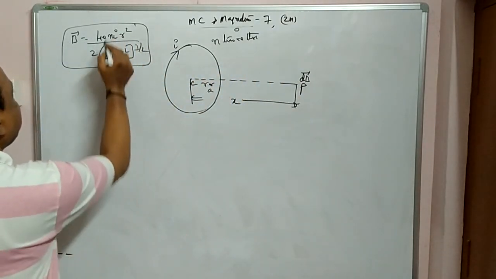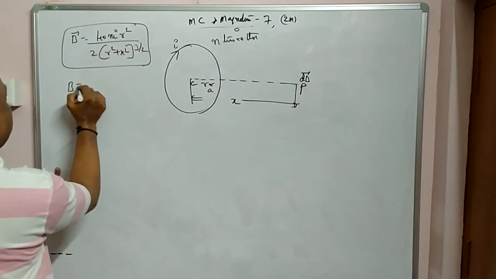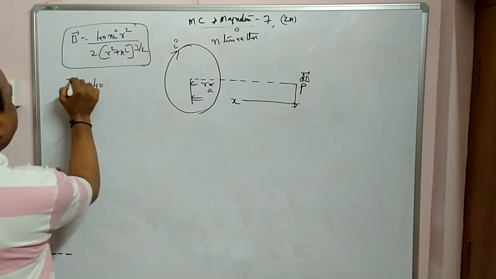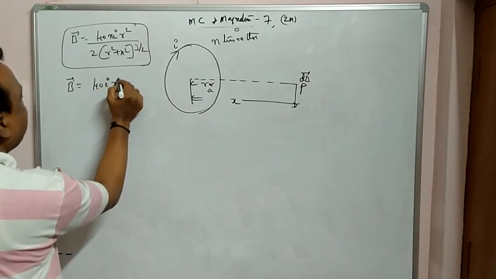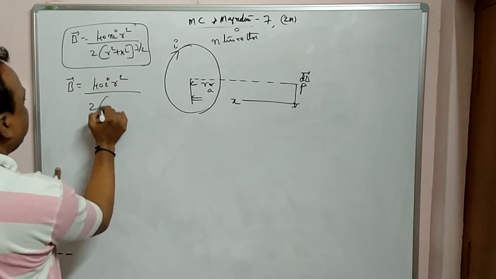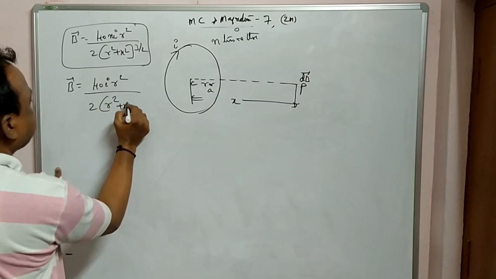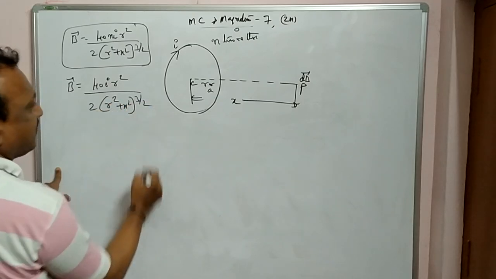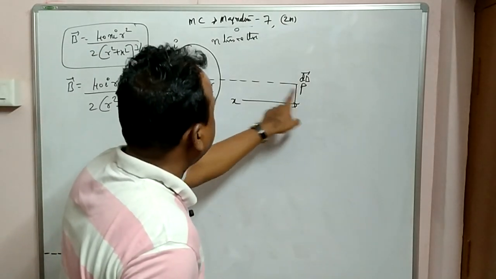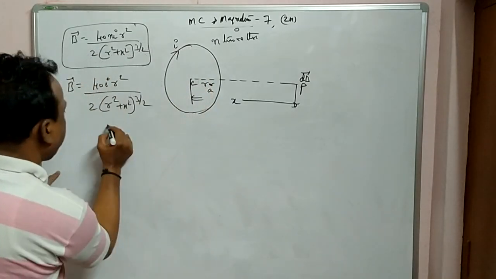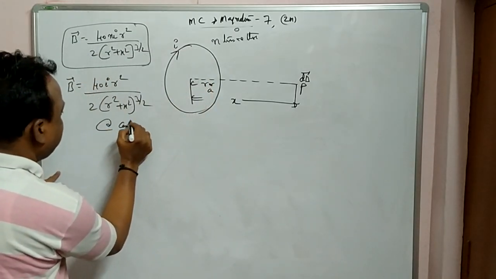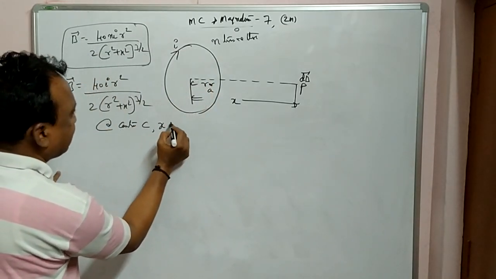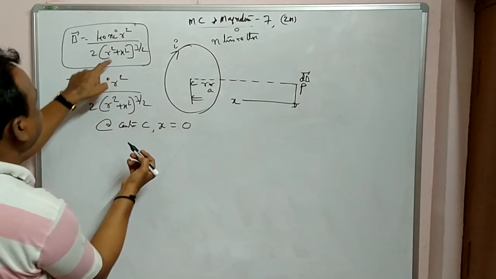If only one turn is there, remove that n. B is equal to mu naught I R square by 2 into R square plus x square power 3 by 2 at this point. In the same fashion, at the center C, what is x? 0. So put x is equal to 0.